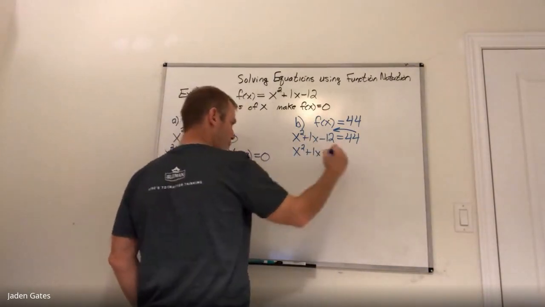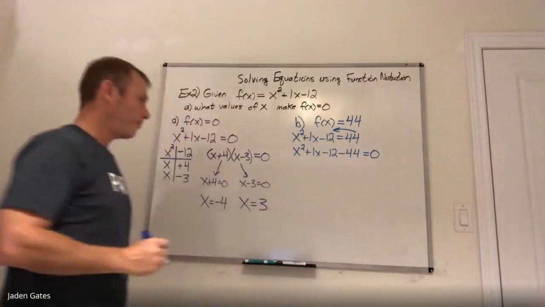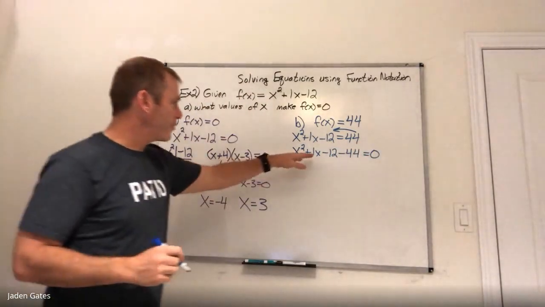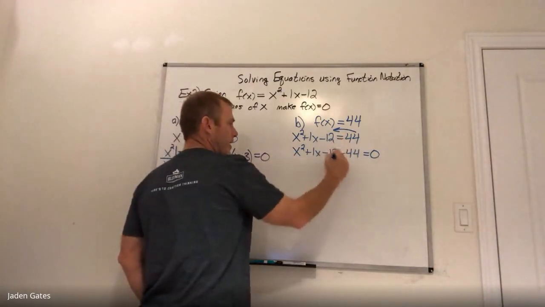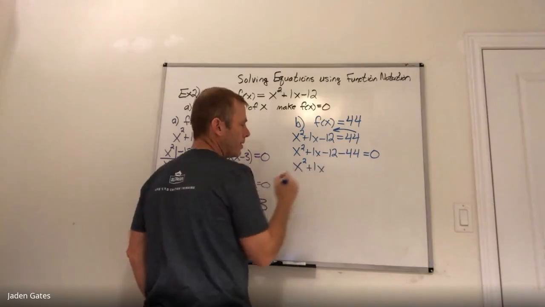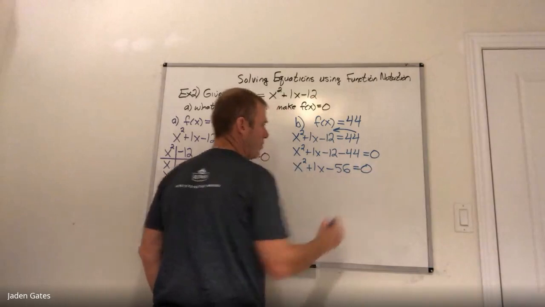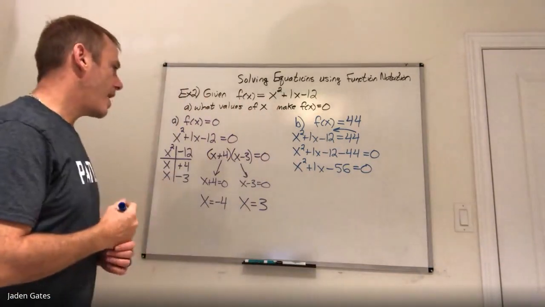The 44 comes over, so it's now going to be a minus 44. Again, before I factor, I have to collect these like terms, collect our numbers. So we get x squared plus 1x minus 56, I believe, equals 0. All right, and now I can factor it.